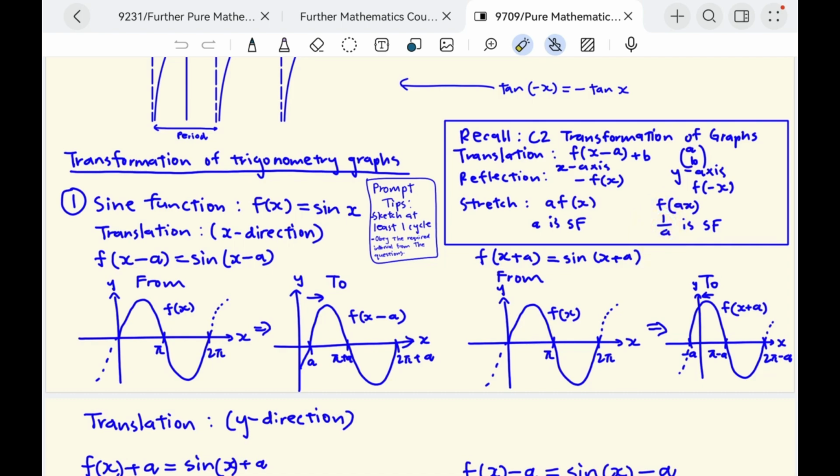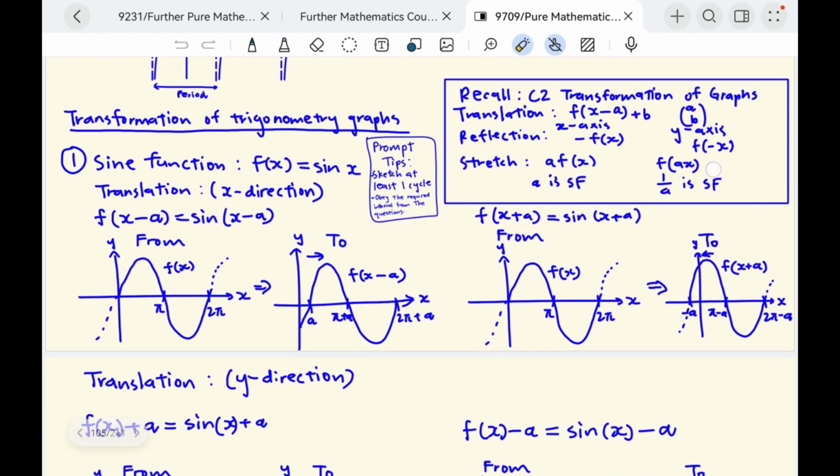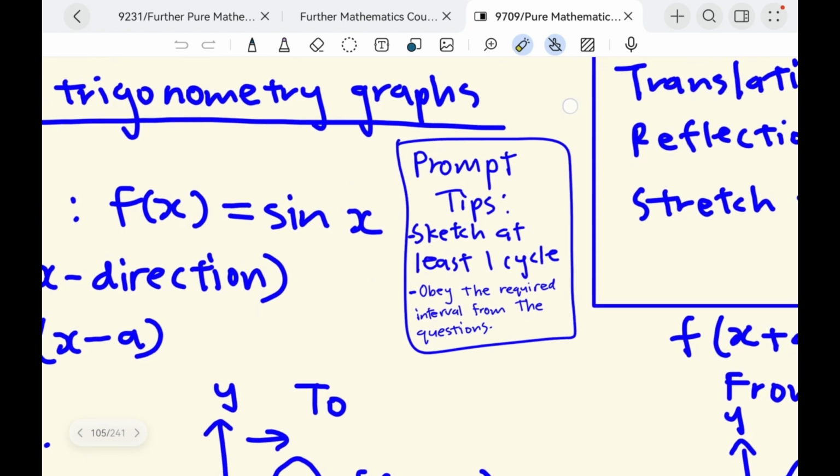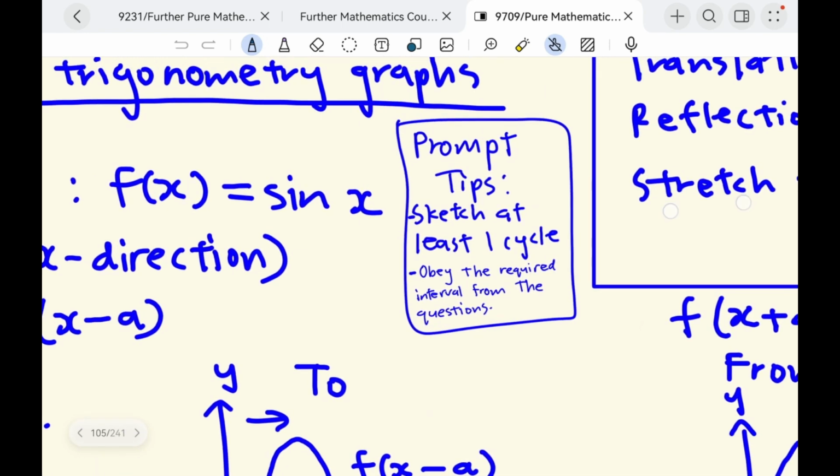Alright? So before we begin the transformation of the trigonometric graphs, I have a tip for you. In the actual or external examinations, you need to sketch at least one cycle, unless the question requires specific intervals and you must obey it. So let's say sketch the sine graph in the interval 0 to pi.